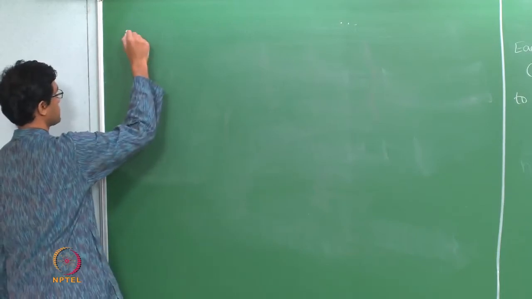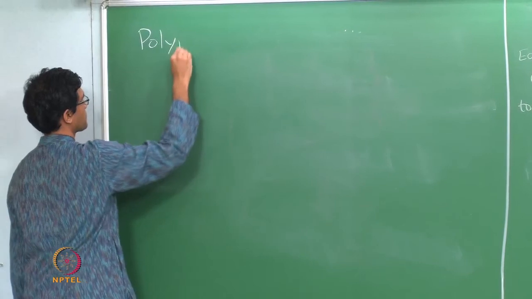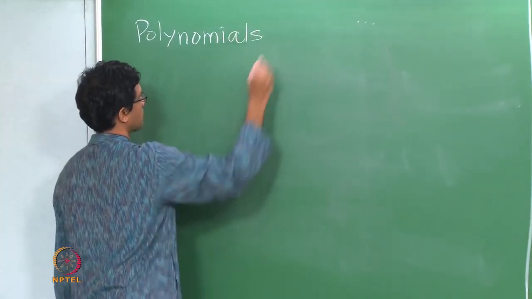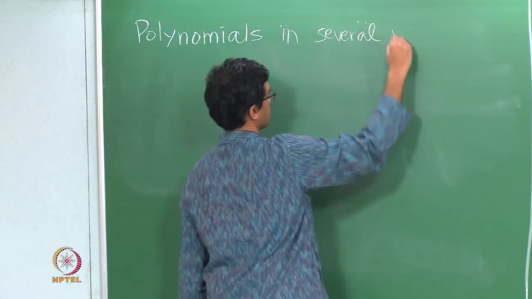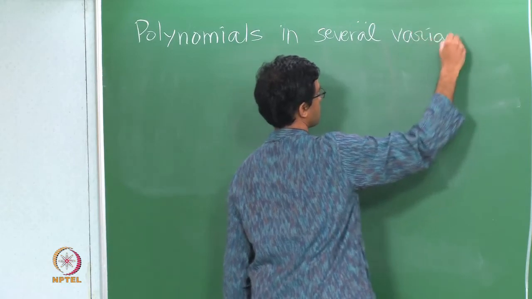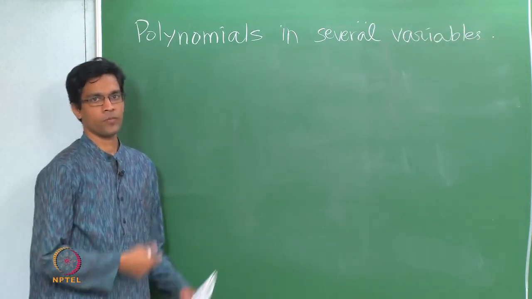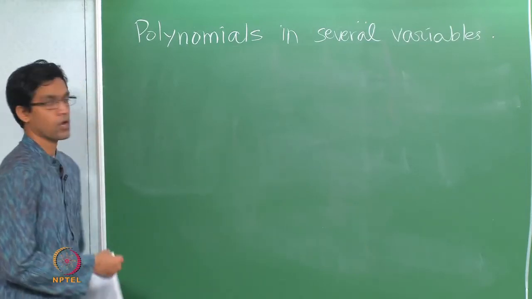Now let us look at another problem, going back to something that we have talked about right in the beginning. So recall we talked about polynomials in more than one variable, and there we posed a counting problem.